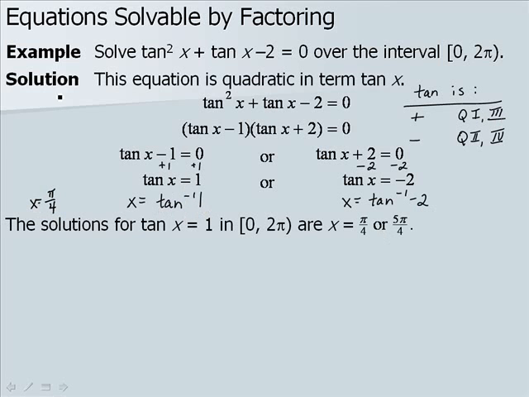To find my quadrant 3 value, let's draw our graph, and we see that if we're at pi over 4 in quadrant 1, to get my equivalent value in quadrant 3, I simply need to add pi. So I'm going to add pi to pi over 4 in order to get 5 pi over 4 as my second answer.